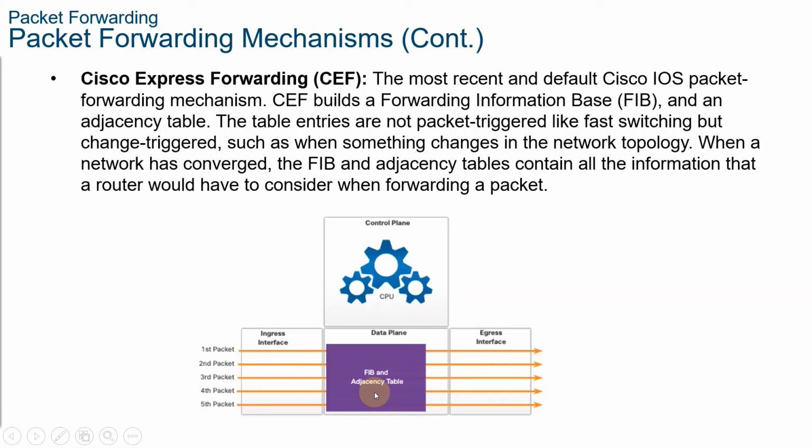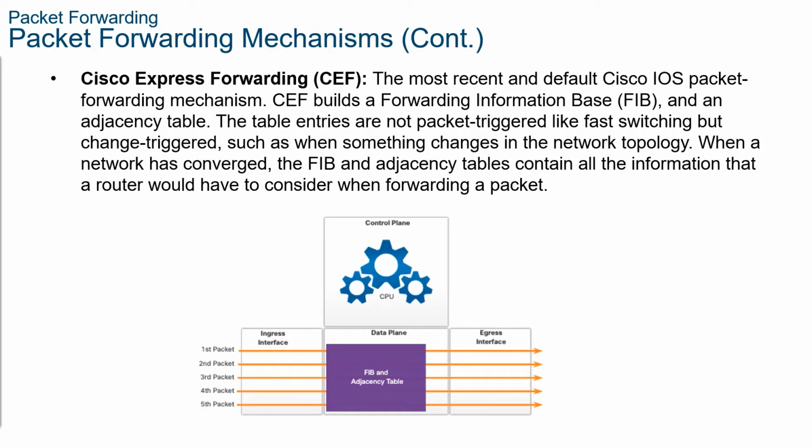However, the table entries are not packet triggered like fast switching, but change triggered, such as when something changes in the network topology. Therefore, when a network has converged, the FIB and adjacency table contain all the information that the router would have to consider when forwarding a packet.